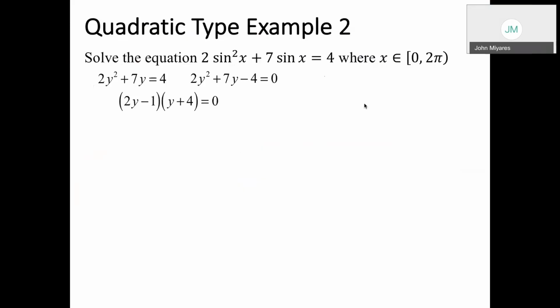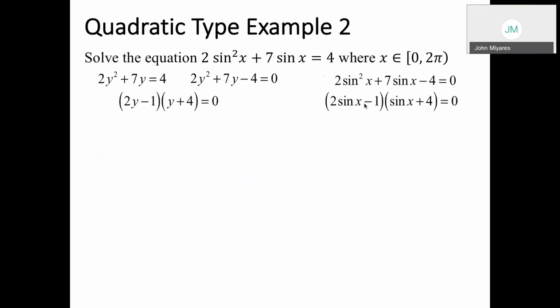Essentially, if I think of y as being a placeholder for the sine of x, this equation, 2 sine squared x plus 7 sine x minus 4 equals 0, should factor as 2 sine x minus 1 times sine x plus 4 equals 0.